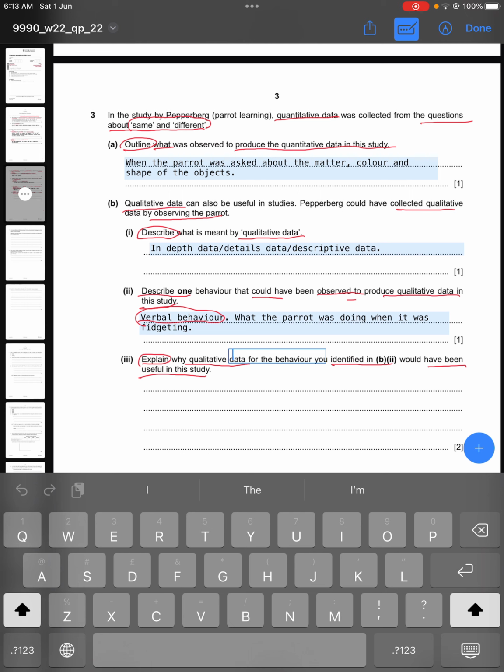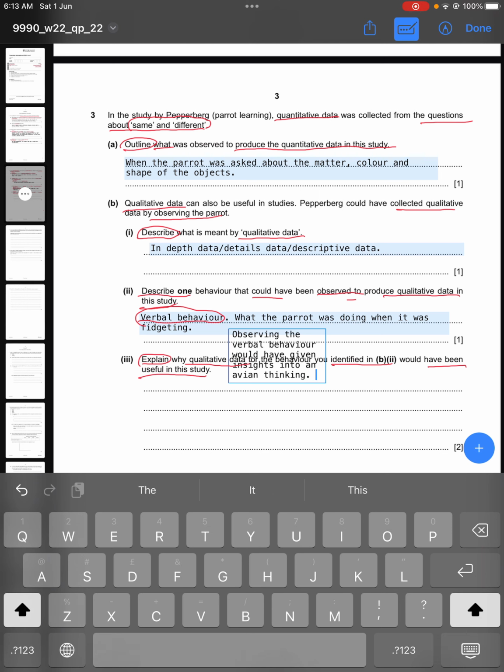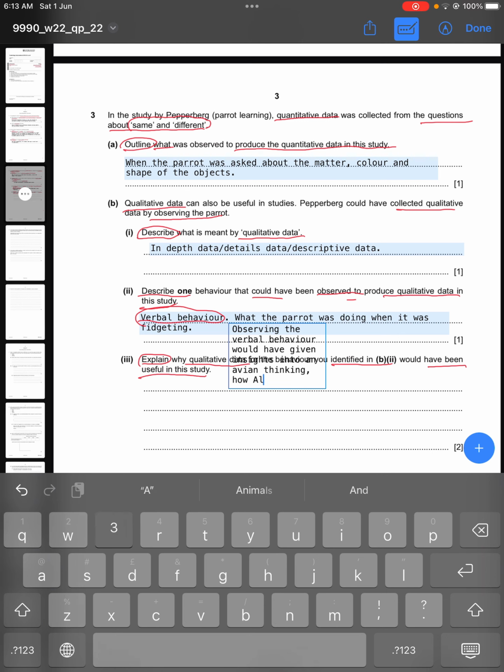Because observing the verbal behavior would have given insights into avian thinking, like how avian subjects think and how Alex understood the words he used.